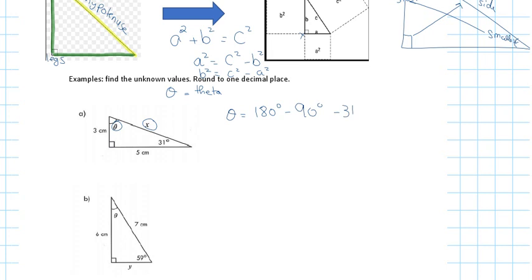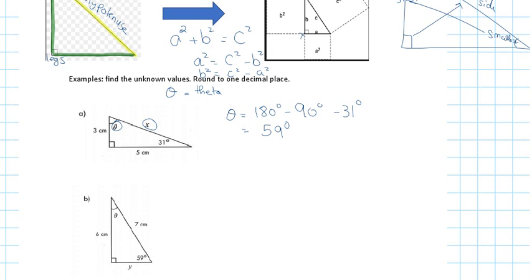So what would be my answer? What would be your answer? 59. You got the answer. If you know two angles, you're looking for the third, that's what you do.